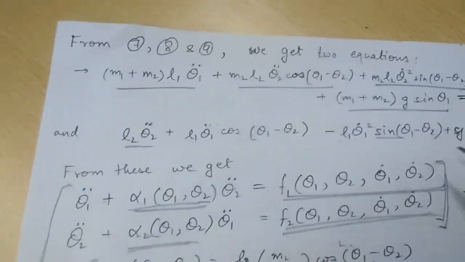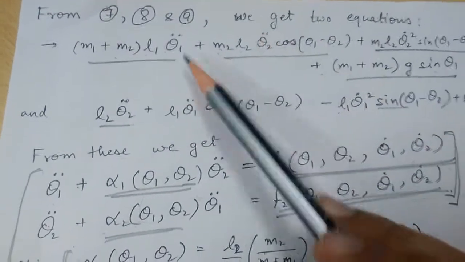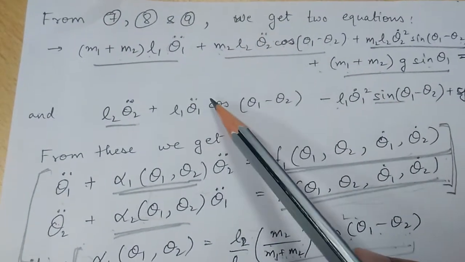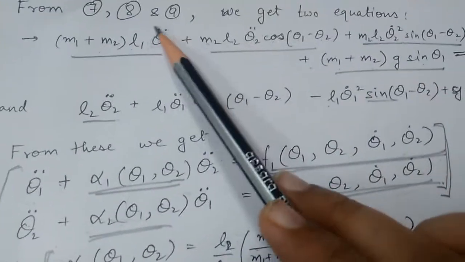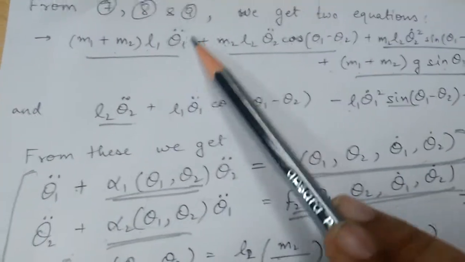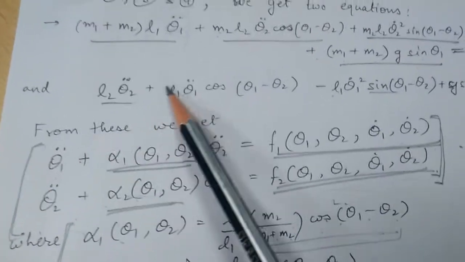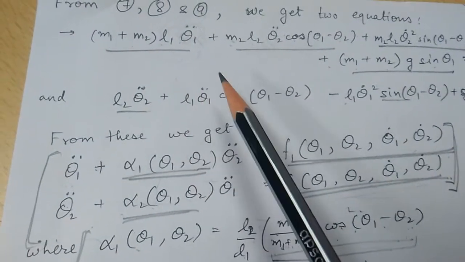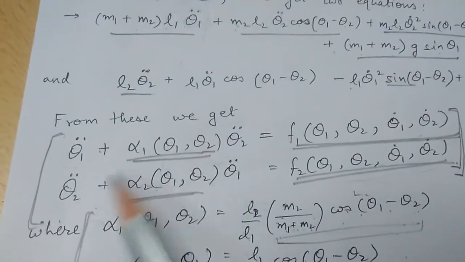So as you can see here, if theta 1, theta 2, theta 1 dot and theta 2 dot were constant, this would have been the case. These and these would have been variable, right? So for every theta 1, theta 2, theta 1 dot and theta 2 dot, this is what you'll get.